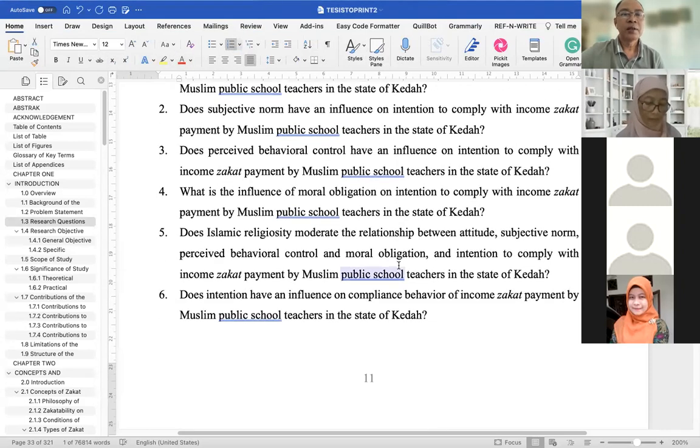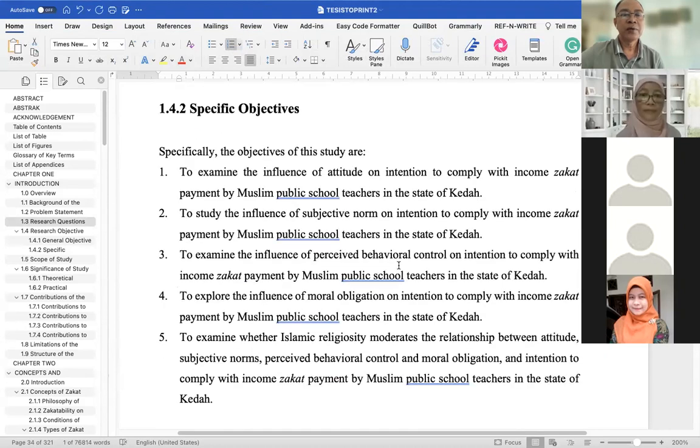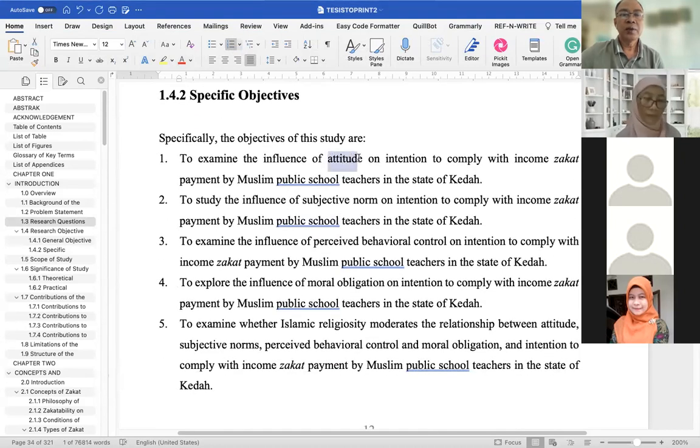And in the research objective, the keyword is to examine the influence of attitude on intention. So these keywords must exist in your framework. So number one is attitude, and the keywords are attitude and intention, right?